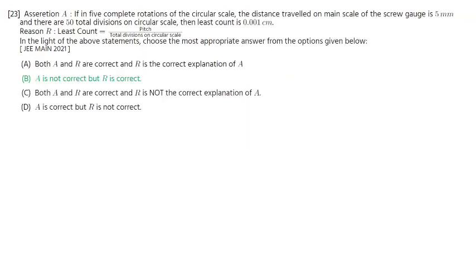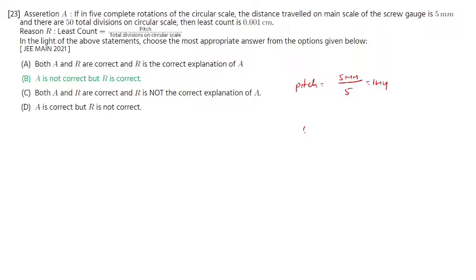See the next. If in 5 complete rotations of a circular scale, the distance traveled by the main scale of the screw gauge is 5 mm. So to calculate the pitch of the screw, distance moved 5 mm divided by number of rotations given, that is pitch is 1 mm.